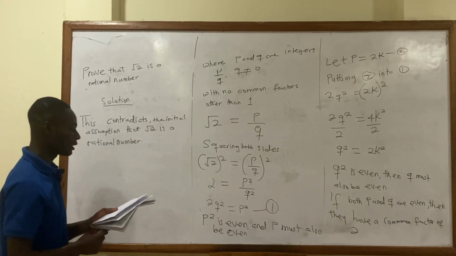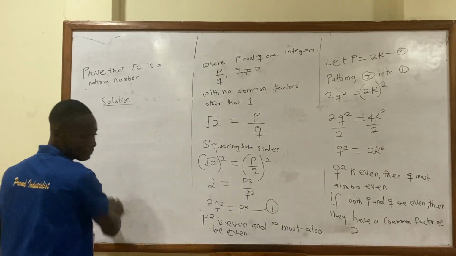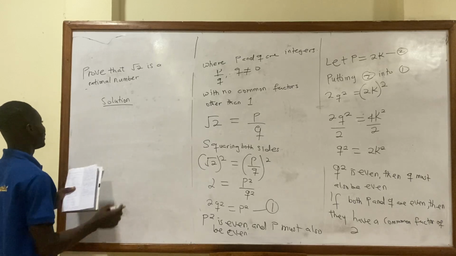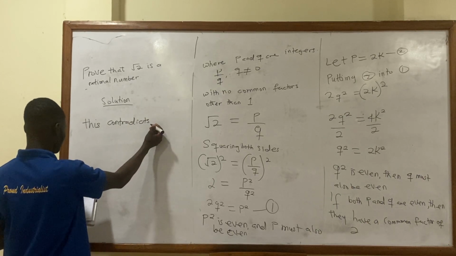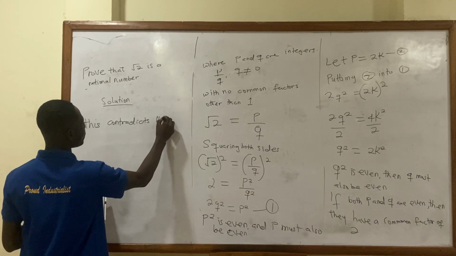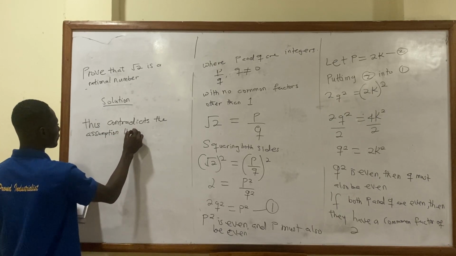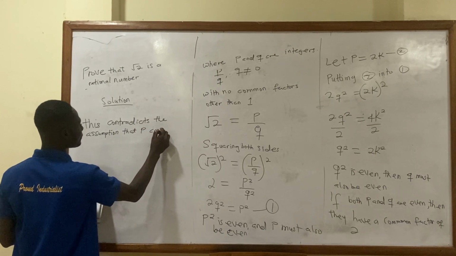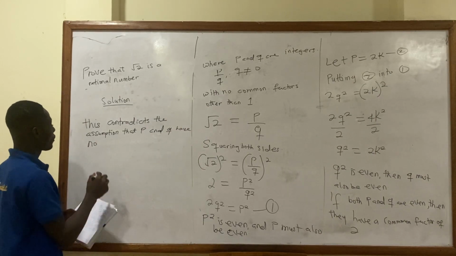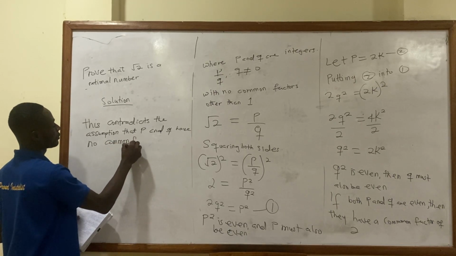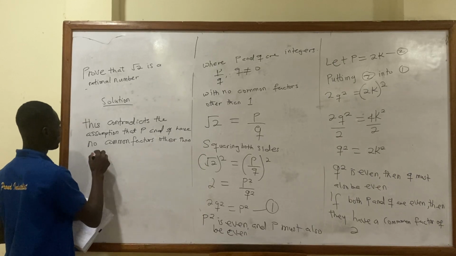Or we can also say that this contradicts the assumption that p and q have no common factors other than 1.